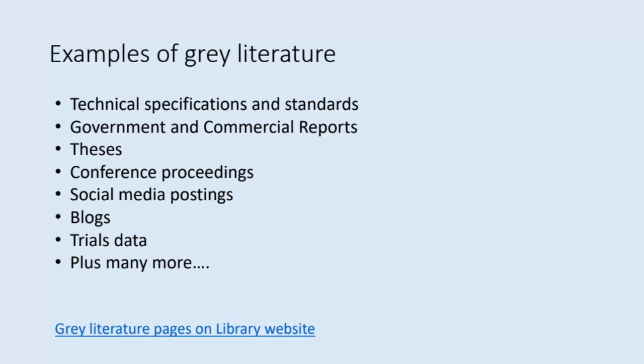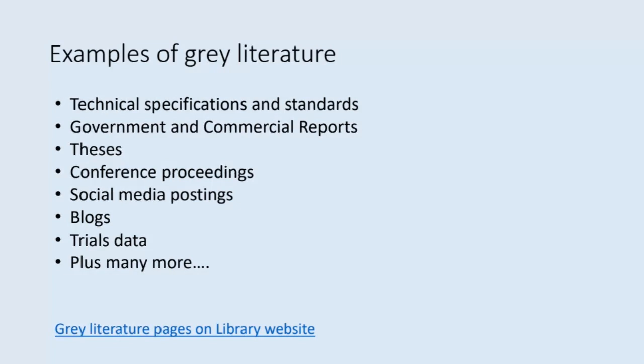We've got government and commercial reports, theses, conference proceedings and conference papers, which may be slightly different. We've got social media postings, and I can see Catherine's put in the chat about podcasts. Yes, other forms of media, such as podcasts, will be considered grey literature, even though they're audio or visual.